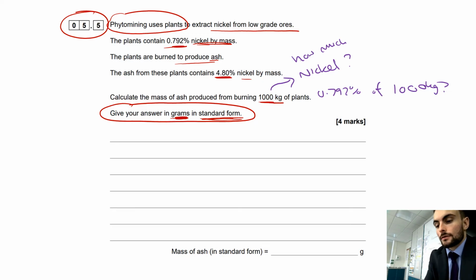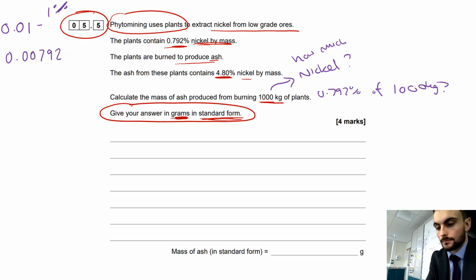So first thing is, if we remember, 0.01 is the same as 1%, right? If we times it by 0.01, that would give us 1% of whatever it is. So 0.792% would be 0.00792. So if we times it by that number, it would give us 0.792%.